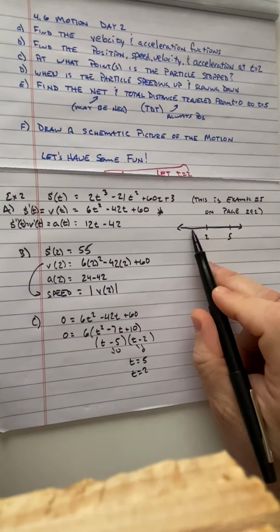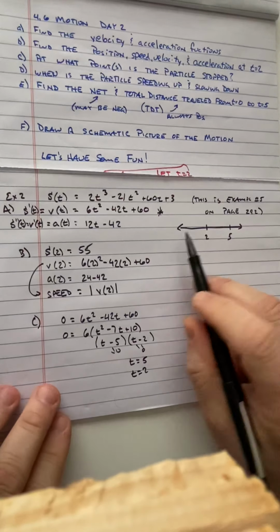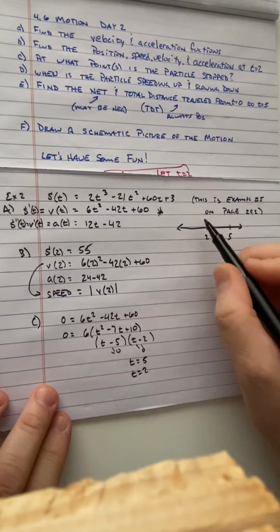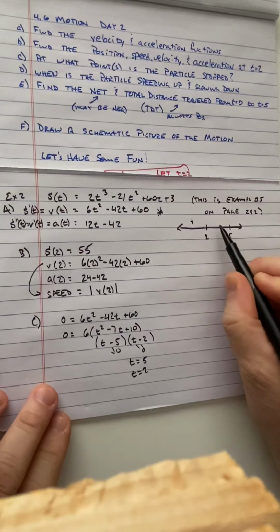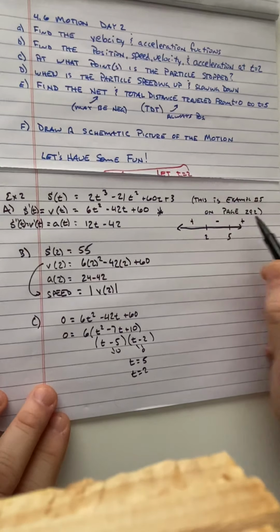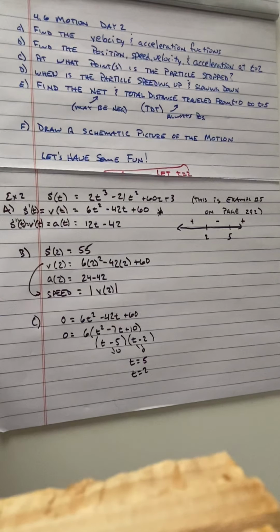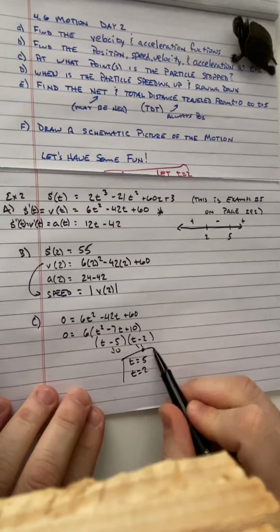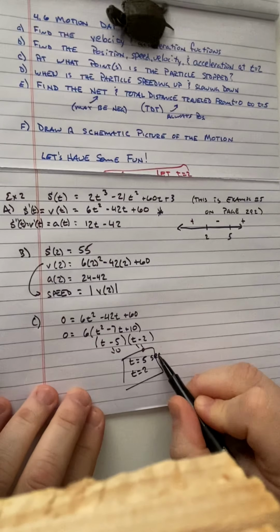Since 0 wasn't critical based on the first derivative test, we can put a 0 in there and get a positive 60. So the velocity is positive. Roots of odd multiplicity will alternate on either side, and it looks like that. So at what points is the particle stopped? 5 and 2. These are both seconds.